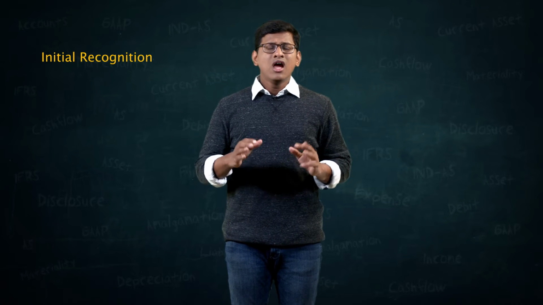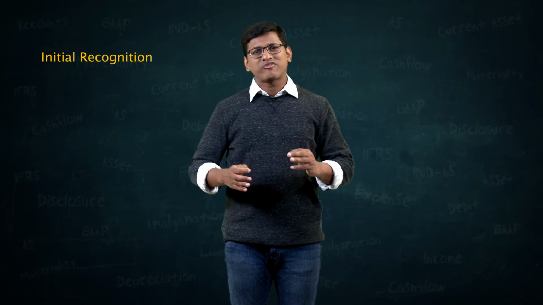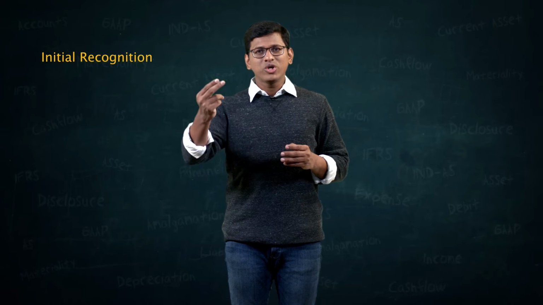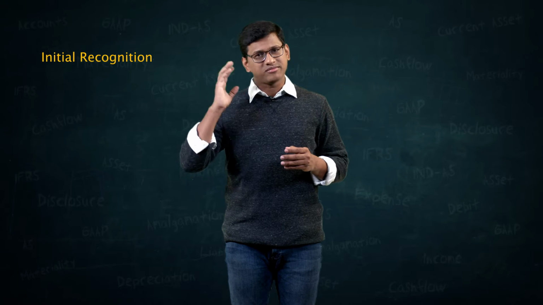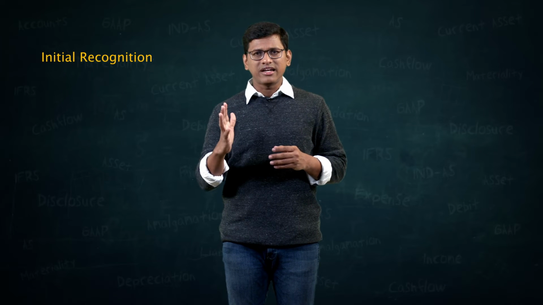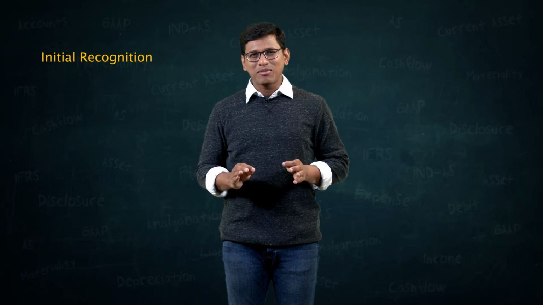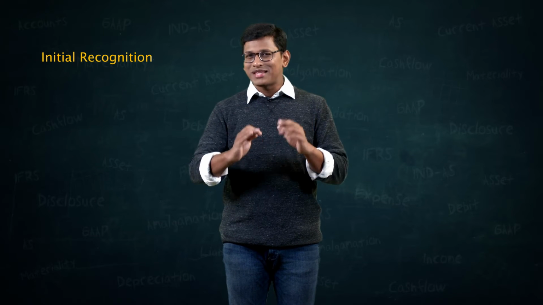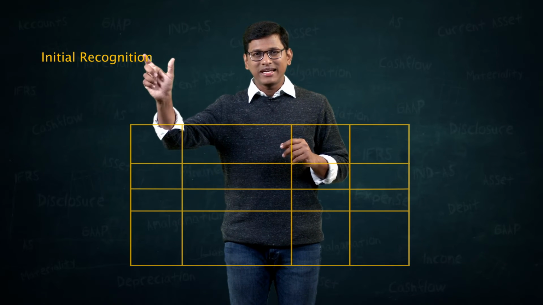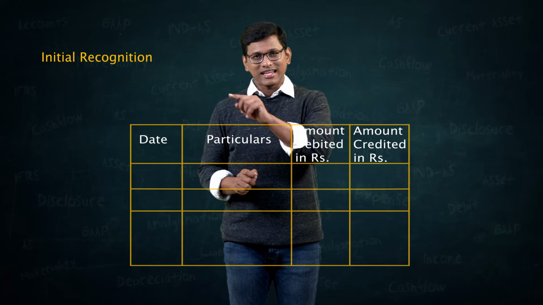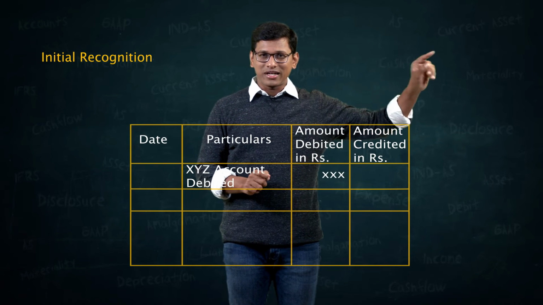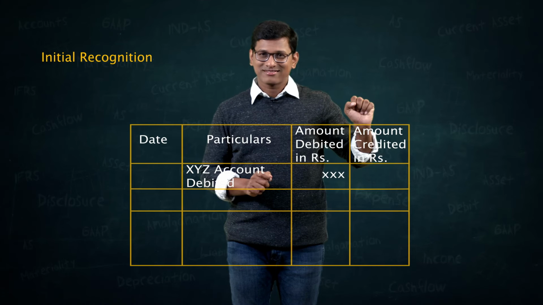Fantastic. When you are recording it for the first time, it means now you are passing a journal entry. When you have to pass a journal entry, let us quickly think about what all aspects will be there in a journal entry. There will be date, right? Then this account debited with this much amount, right?